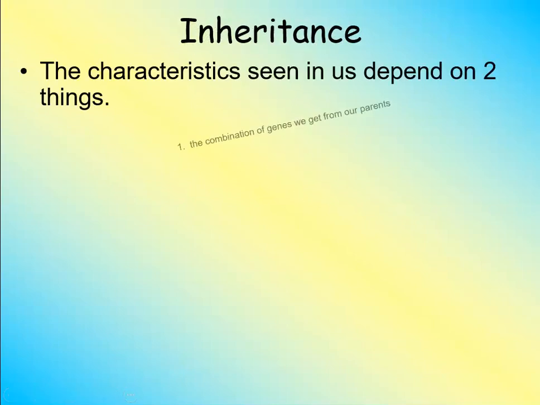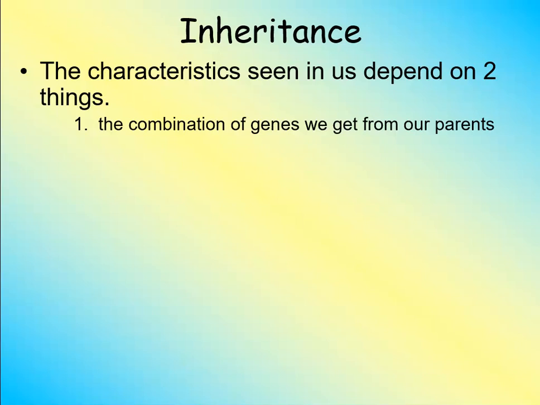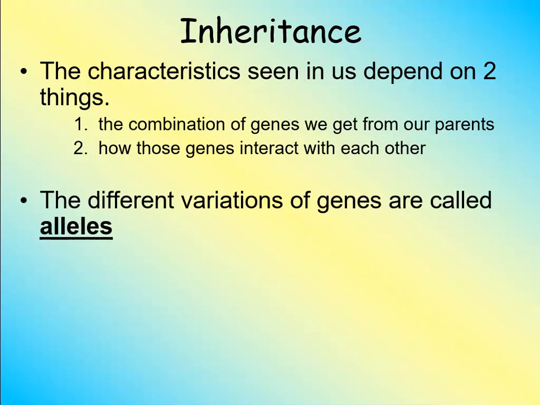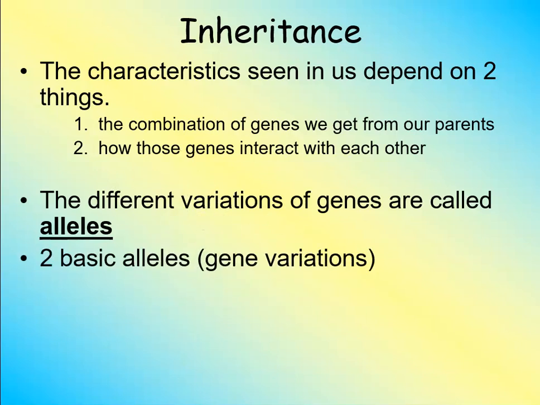Inheritance. So the characteristics seen in us depend on 2 things. 1, the combination of the genes that we get from our parents, and 2, how those genes interact with each other. So the different variations of genes are called alleles. So there's 2 basic alleles or gene variation.